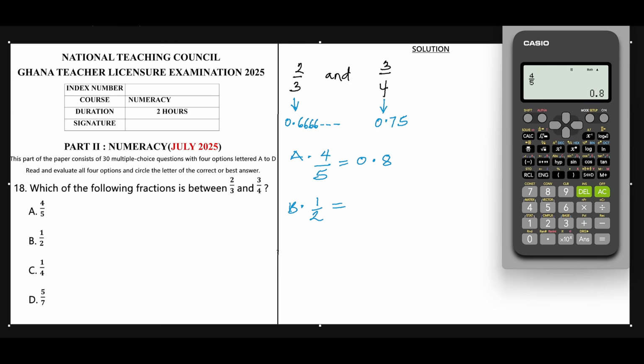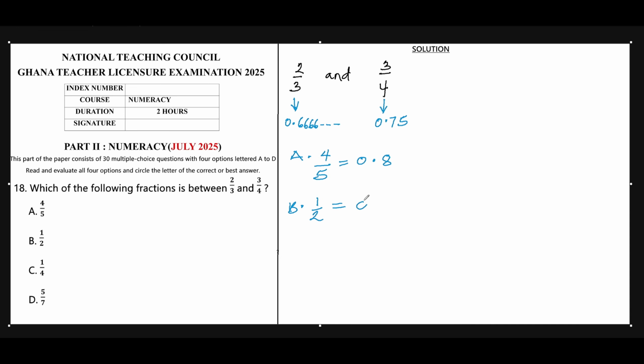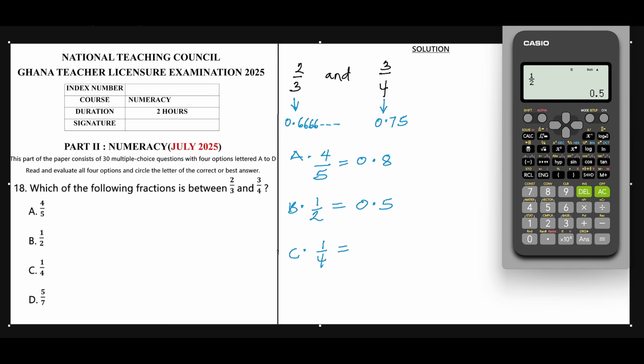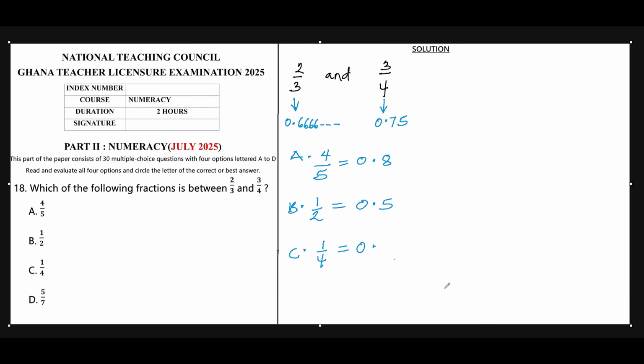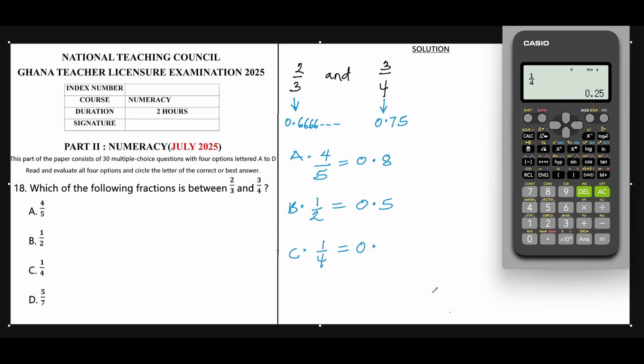The decimal fraction for 1 on 2 is 0.5. C, we have 1 on 4. Let's see the decimal for 1 on 4. We have 0.25.